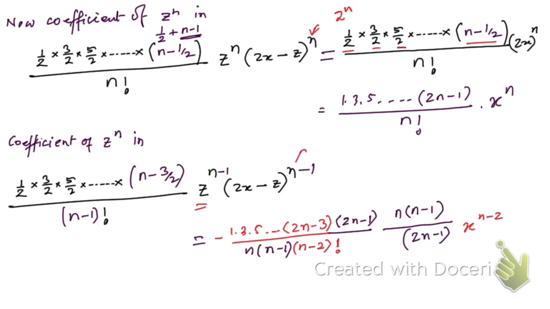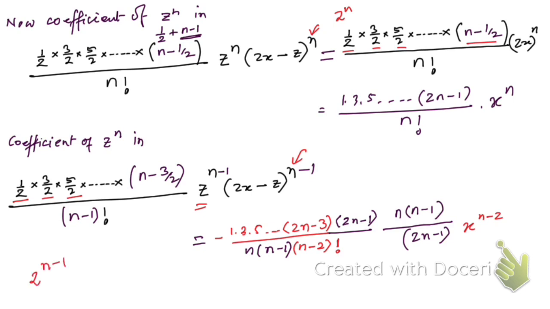Here the power is n minus 1. So if you multiply these 2's, there must be n number of 2's. So that's why we should get the product of these denominators as 2 to the power n minus 1.